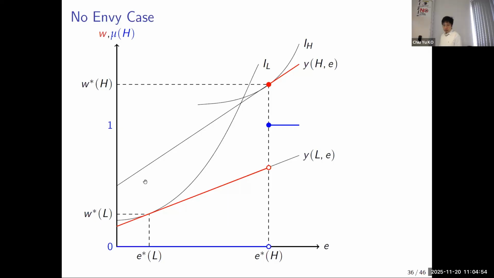So this is the model. You will see the belief like this: as long as it's not college, then you think they're low type. If you get a college degree or higher, then you are the high type. So that is very simple.